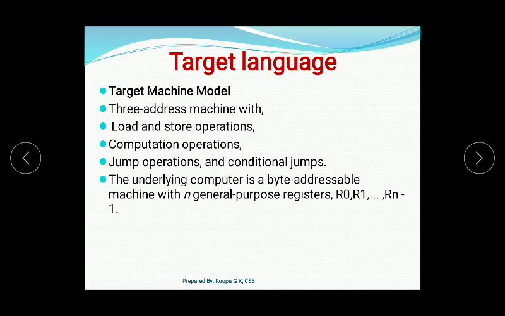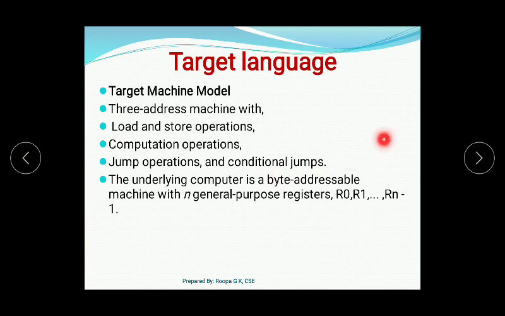Now, a small discussion about the target language. Let us define one target machine model, an abstract model. Let us consider a model which is a 3-address machine. All instructions are of 3 address form, with load and store operations, computation operations like addition and subtraction, jump operations and conditional jump operations.